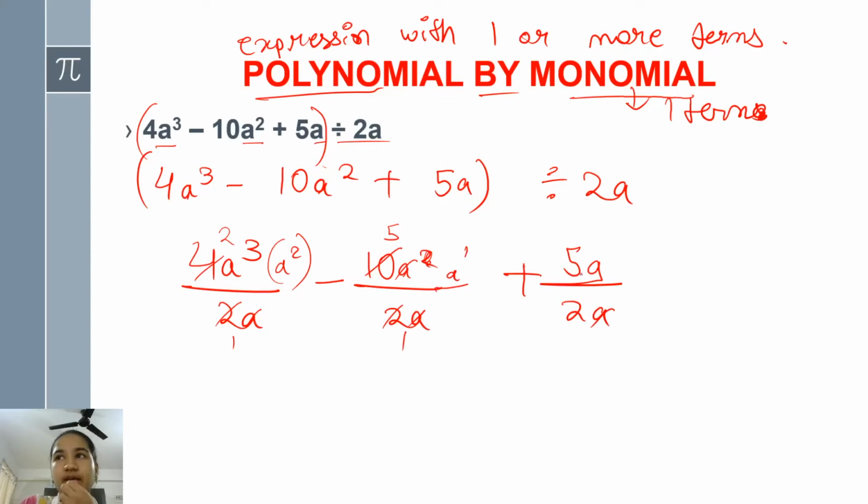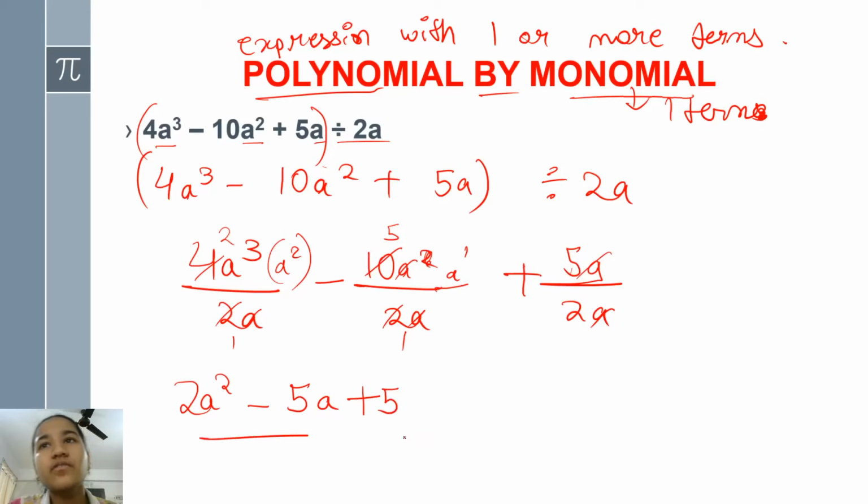Then a and a cancel, and 5 by 2 we can just take as it is. It will be 2a square minus 5a plus 5 by 2. So this is the case.